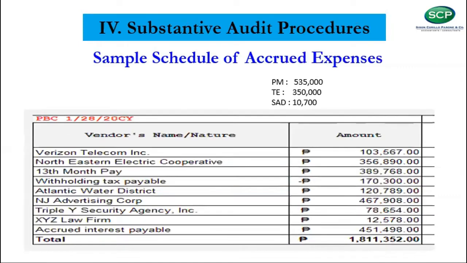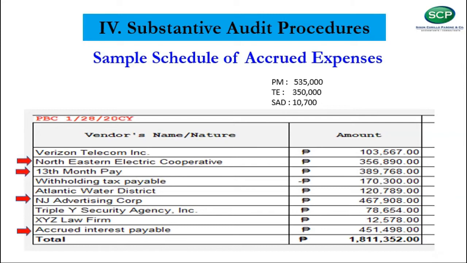For accrued expenses, the following high-value accrued balances will have to be selected for testing. And I think you can see clearly na it will have to be the amount due to Northeastern Electric Cooperative for 356,890 pesos, the 13th month pay, the amount due to NJ Advertising Corp, and the accrued interest payable for 451,498 pesos.